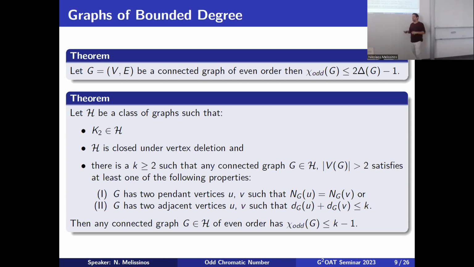We saw that any graph class which includes the clique with 2 vertices and is closed under vertex deletion, where we can always have either 2 vertices where the addition of their degrees is at most k, or 1 vertex with 2 leaves, then this graph is always k minus 1 colorable. So how did we do that?